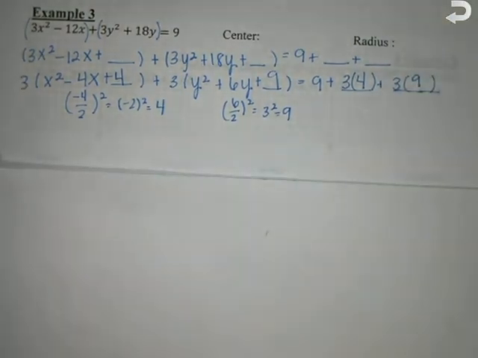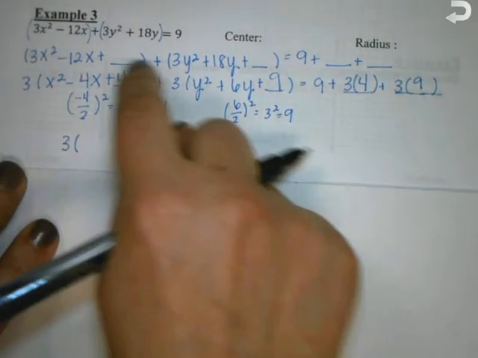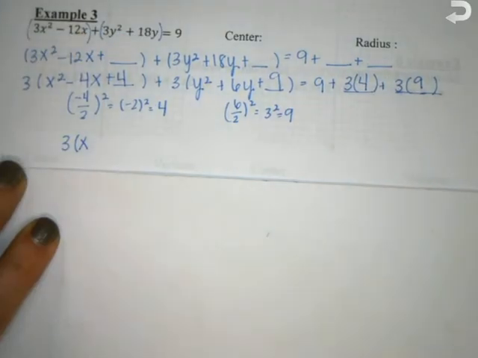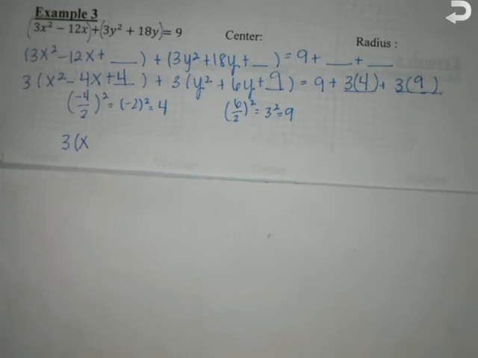Okay, let's simplify. This is going to be 3 times, how does the x's factor? Is it x minus 2 or x plus 2? It's going to be x minus 2, because remember, the number is whatever we got before we squared it.